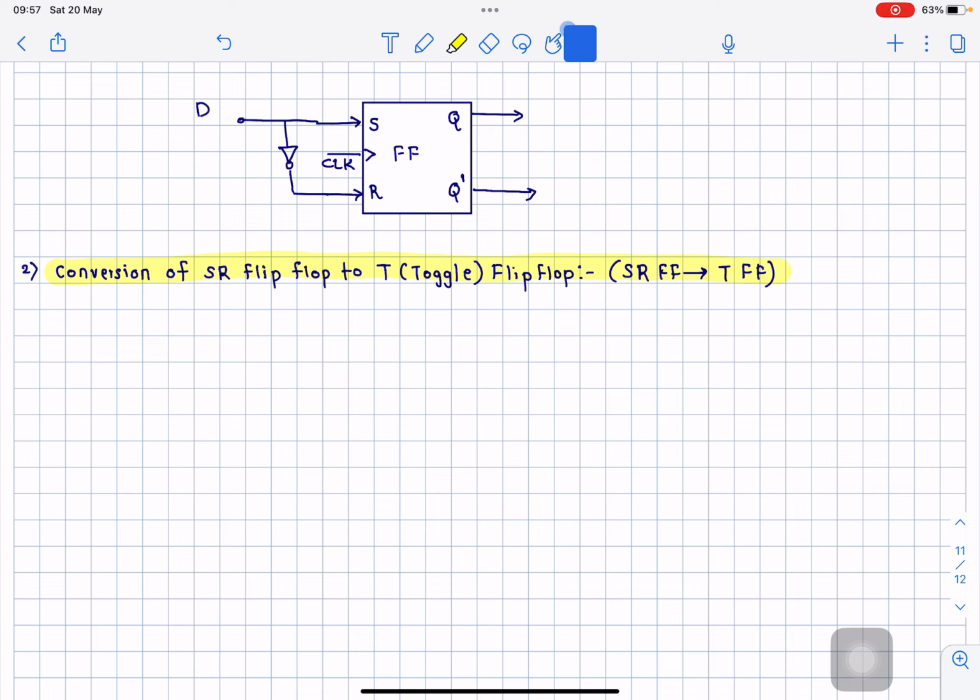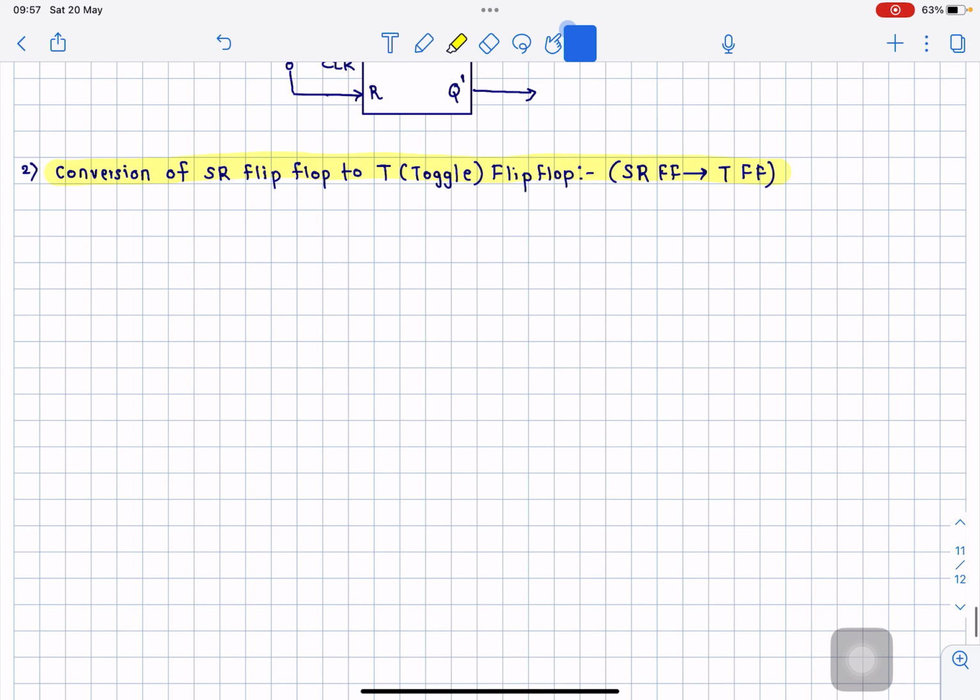In short, we also call this SR flip-flop to T flip-flop conversion. We already converted the SR flip-flop into a D flip-flop. So likewise, now let us convert the given SR flip-flop into a T flip-flop.